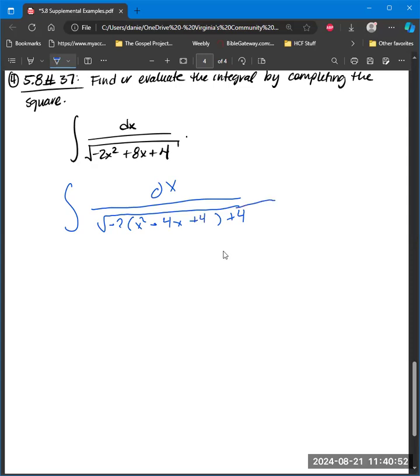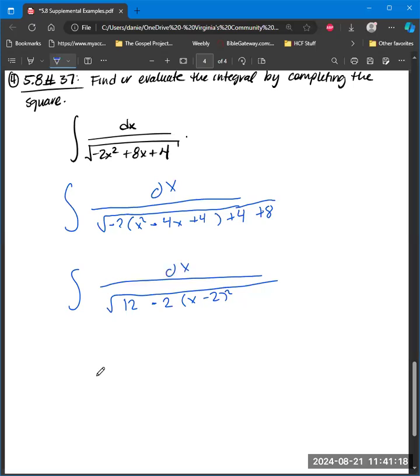So I just added a negative 8 into the problem, and I need to add a positive 8 right there to balance it out so that I did nothing. So now this looks like so. I'm going to rewrite this as the integral of 12 minus 2 times (x minus 2) squared dx.